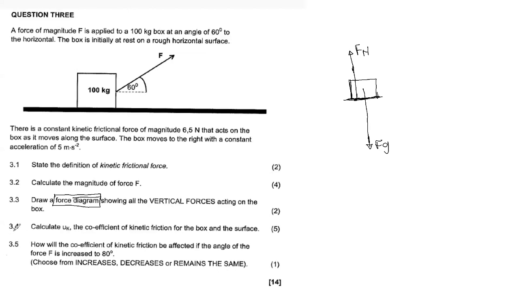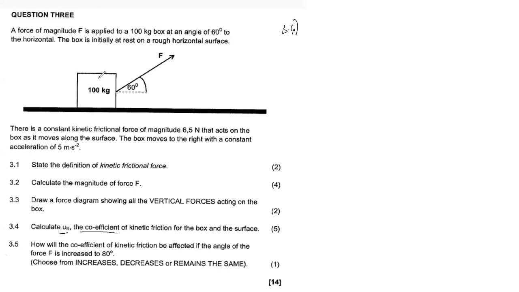Now we have 3.4. It says calculate mu k, the coefficient of kinetic friction for the box and the surface. We have already covered the steps to this one. Whenever it comes to calculating the coefficient of kinetic friction or the kinetic friction itself, you always need to start by calculating the normal force.